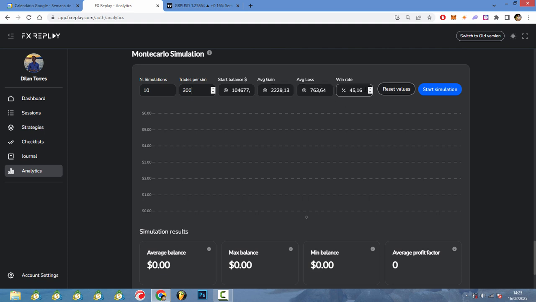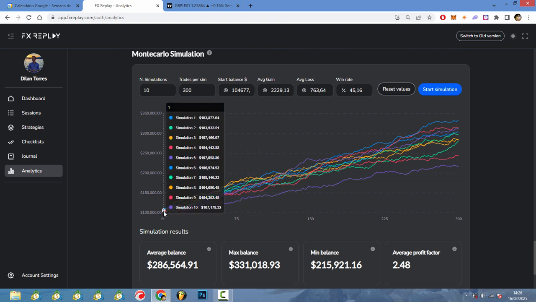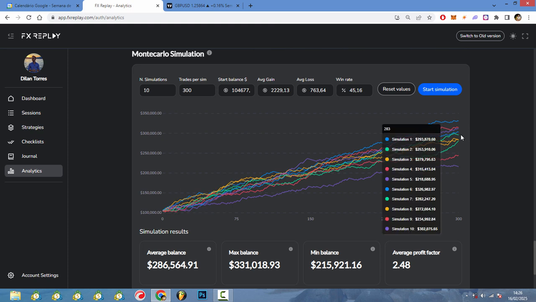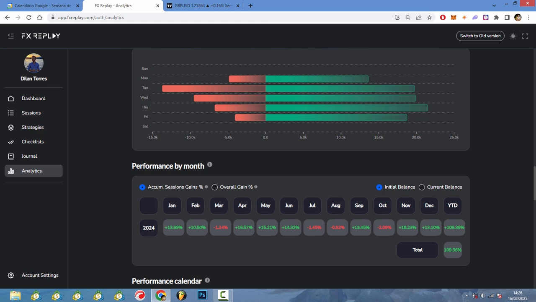So 3R with a 45% win rate, of course, is profitable. As you can see, if the account was started at 100k, it would grow. It will go to these levels in a 300 trade sample.